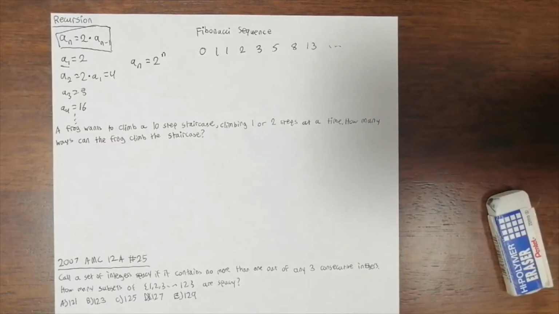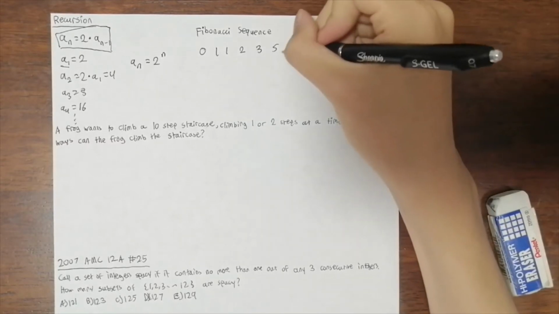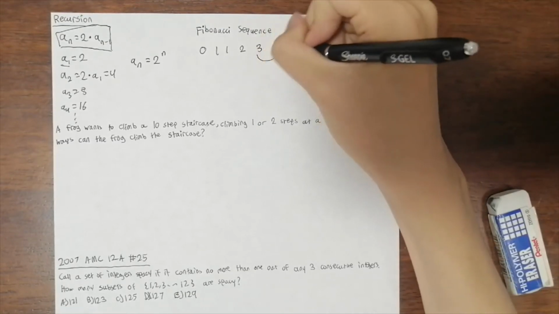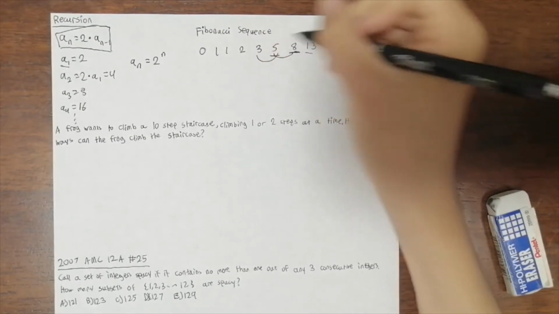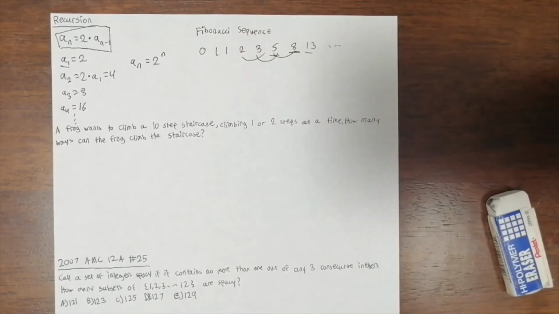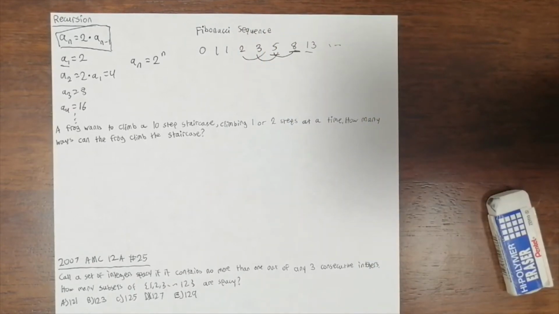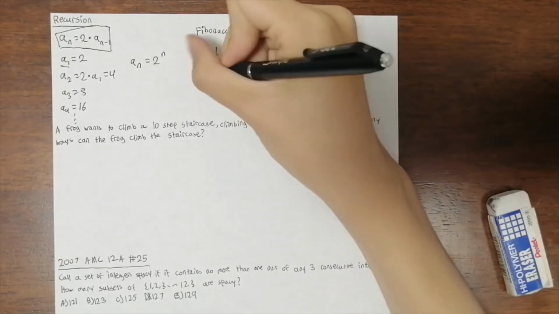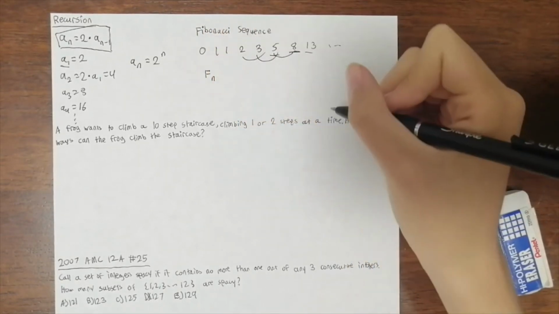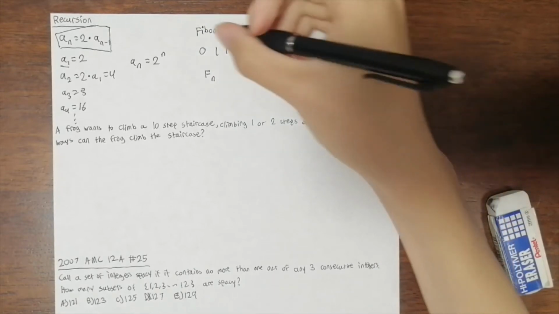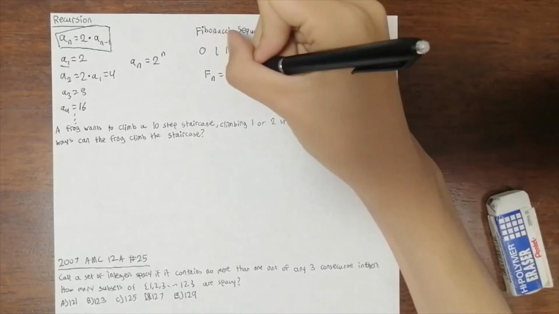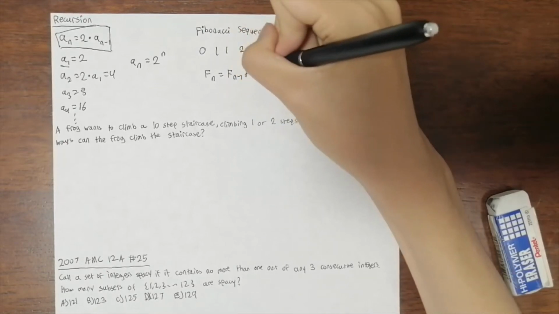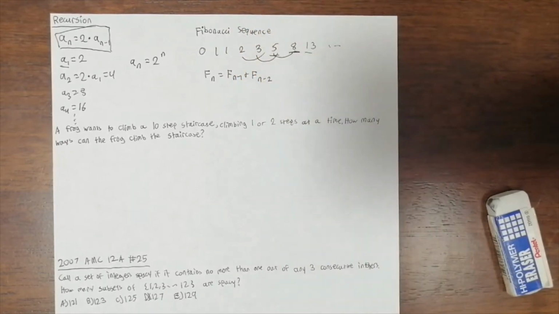If you look at the sequence, 13 is the sum of 5 plus 8, 8 is the sum of 3 plus 5, 5 is the sum of 2 plus 3, and so on. And the way we would write this is f of n, which is the nth term of the Fibonacci sequence, is the sum of the term n minus 1 and the term n minus 2.